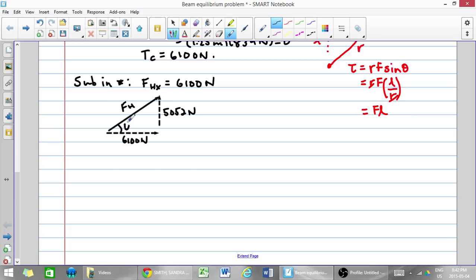So we'll apply the Pythagorean theorem and use the tan of that angle theta, and we'll find that the force of the hinge is 7919 newtons, 39.6 degrees above horizontal.